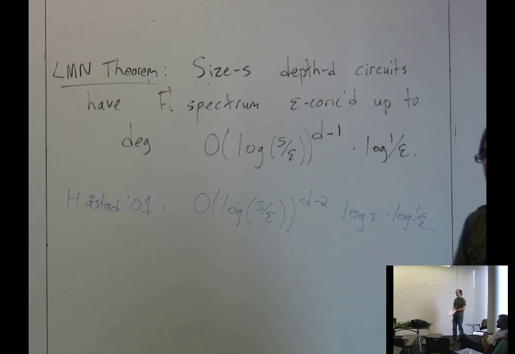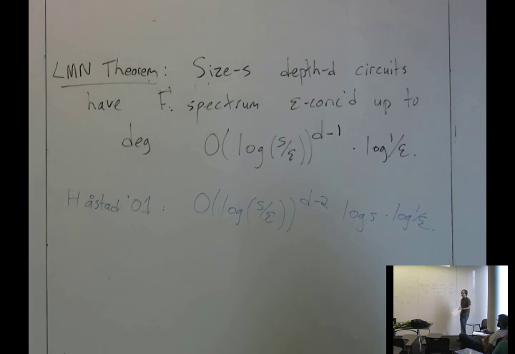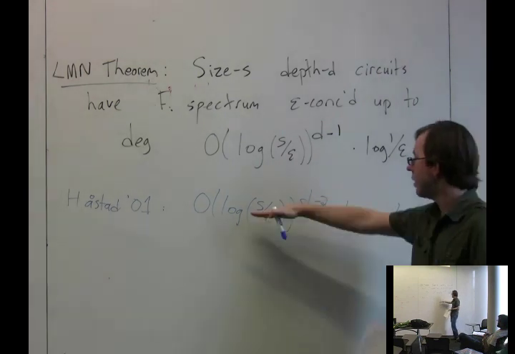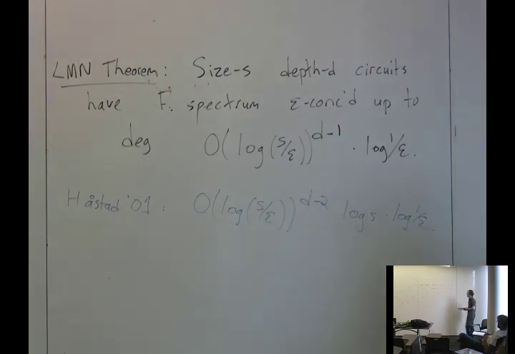And I think the lower bound is like log s plus log 1 over epsilon for d equals 2. So it's pretty close, but not exactly known to match the upper bound. And for larger d, we do not know. It's similar in that the right dependence on log s is like to the power of d minus 1, but the exact interaction with epsilon, which can be relevant sometimes for pseudorandom generators and stuff, I don't exactly know.